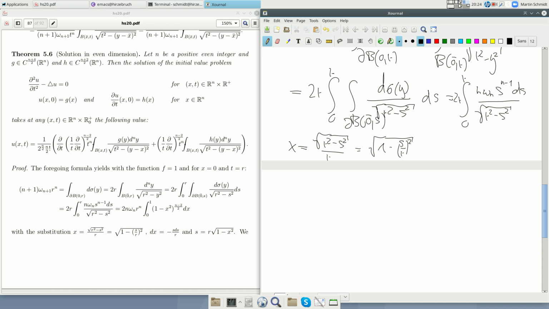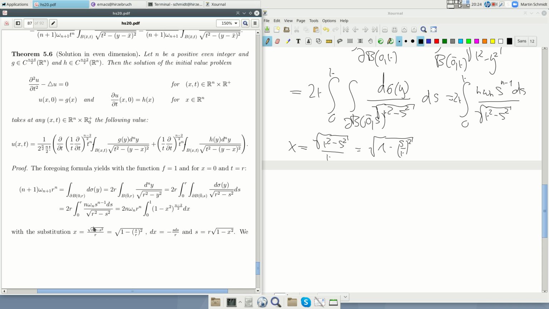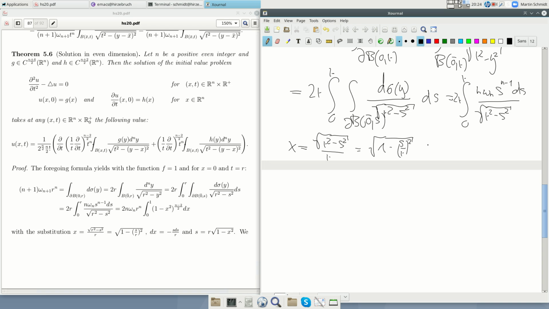And then we see clearly that we may calculate dx: if we take the derivative with respect to s, then we obtain dx equal to minus s over R times square root of R square minus s square.